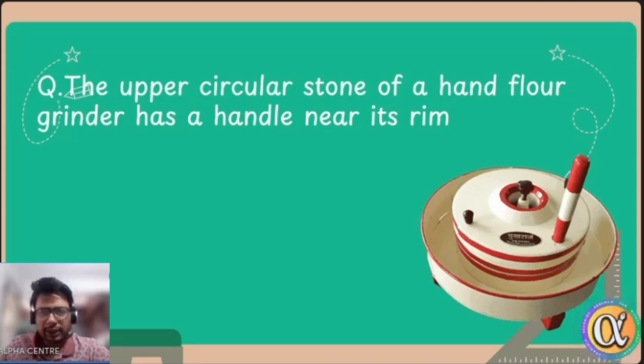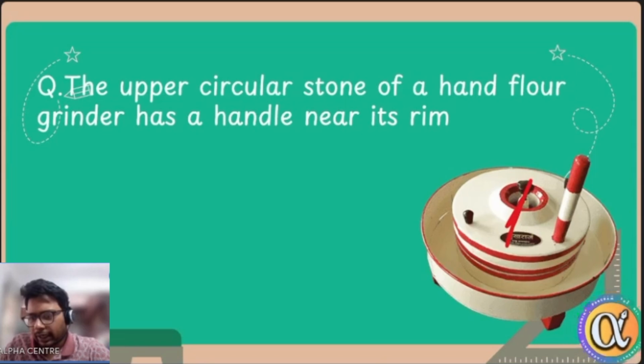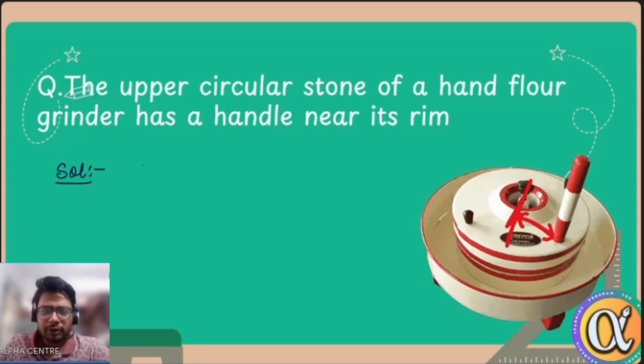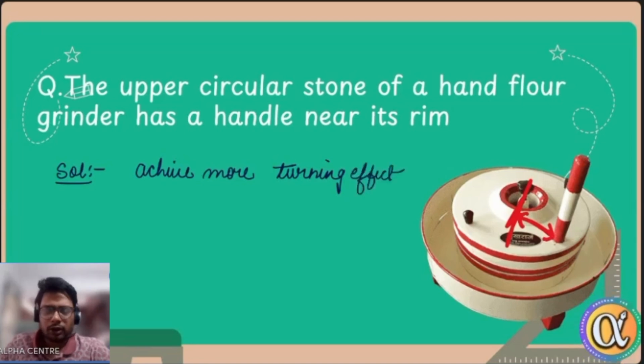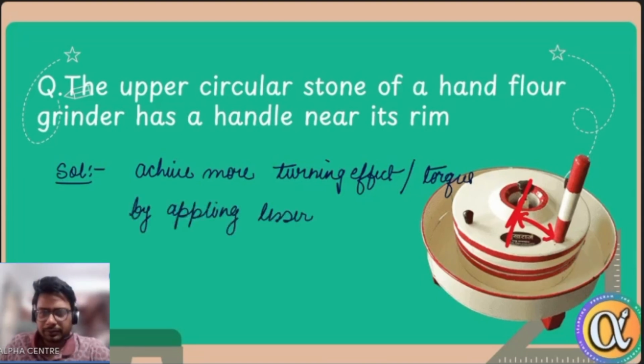We can see clearly in the picture that this is the pivoted point or the axis of rotation, and the handle is a bit far away from the axis. So even here we can say the same thing. This is to achieve more turning effect or torque by applying lesser effort.